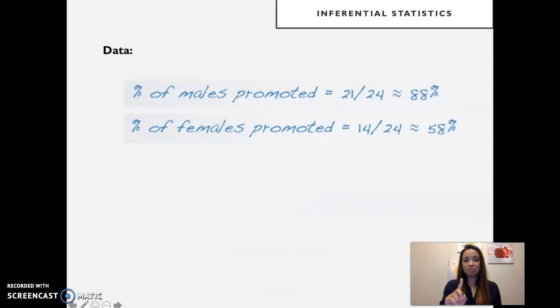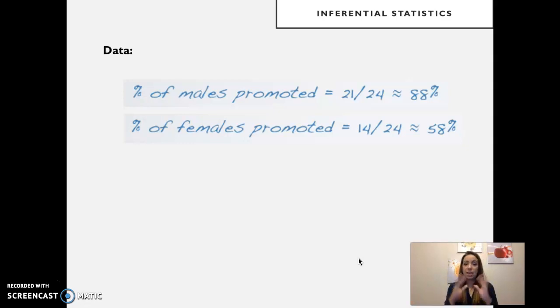So in summary, one more time with feelings, 88% of the managers in this sample said to go ahead and promote the applicant whose file was marked as male. 58% of the managers who received the file for the same applicant, except it was marked as female, said to go ahead and promote.